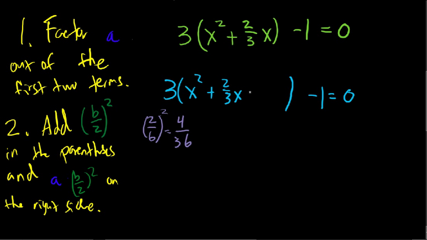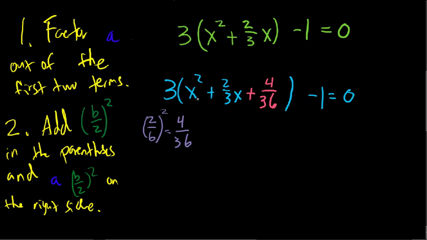So what we do is we add that inside the parentheses, 4 over 36. And this is kind of why this is tricky. Because we're adding this within the parentheses, when we add it to the other side, we have to multiply it by this factor here, 3.